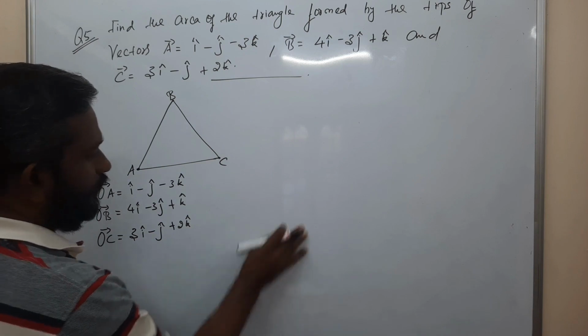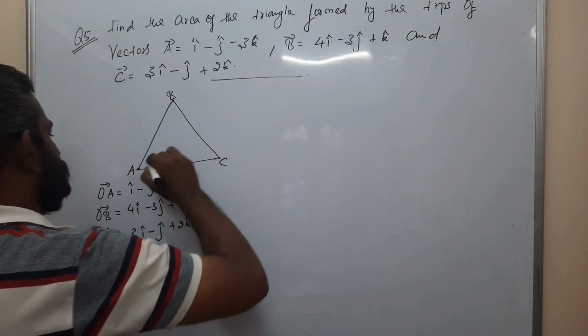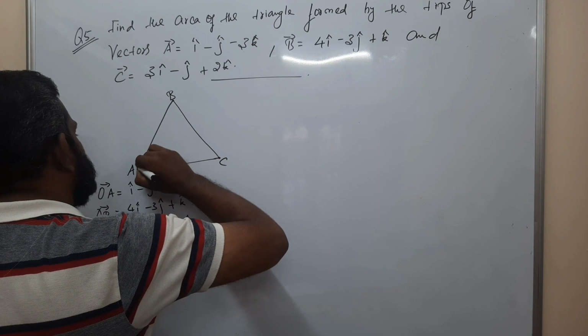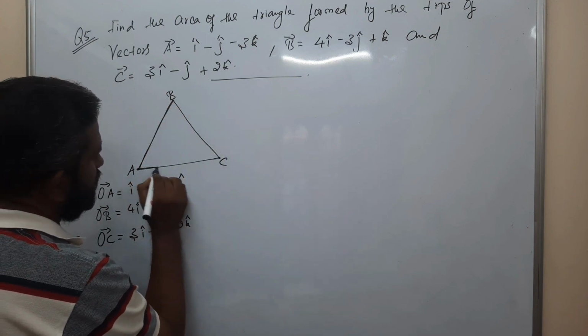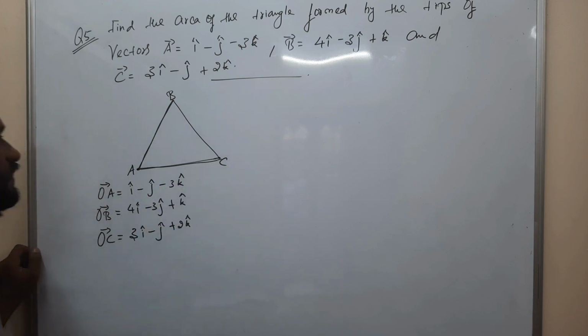So we want to find the area of the triangle by getting one of the sides, that is AB vector, and another side of the triangle, AC vector.